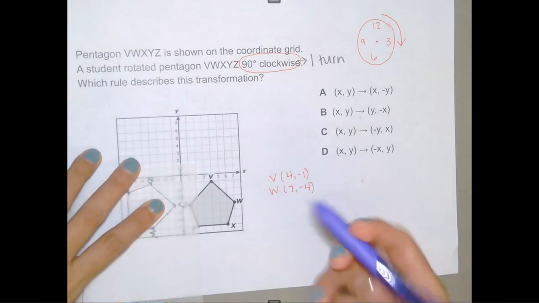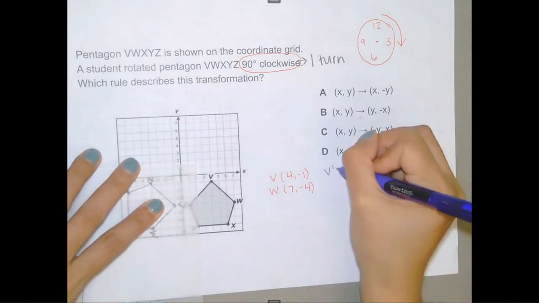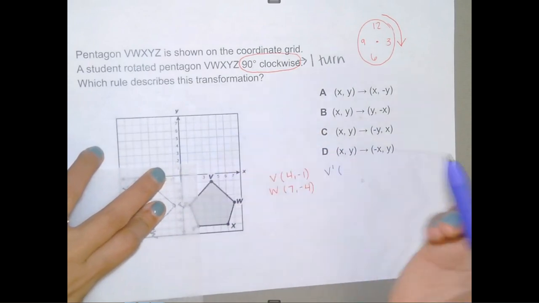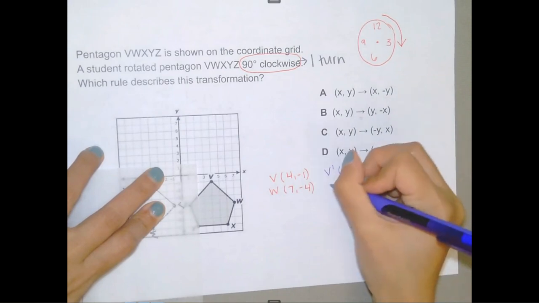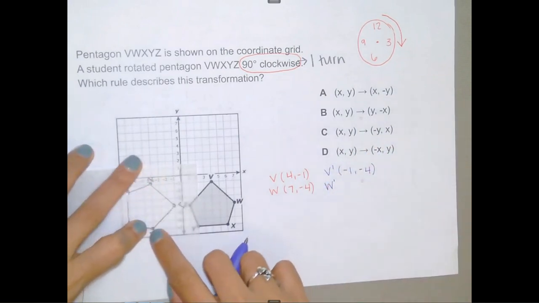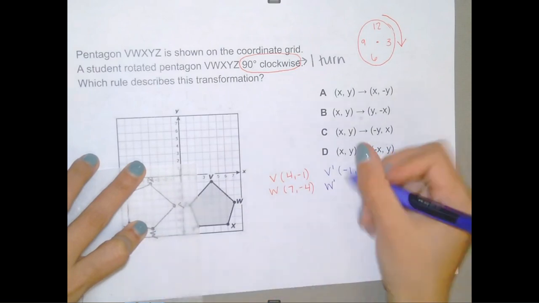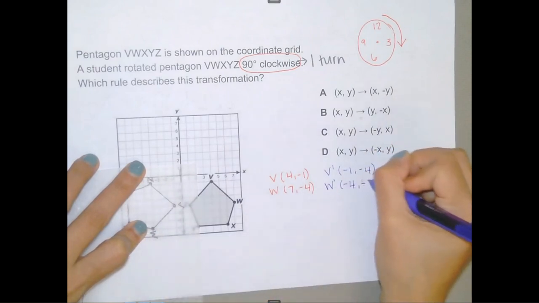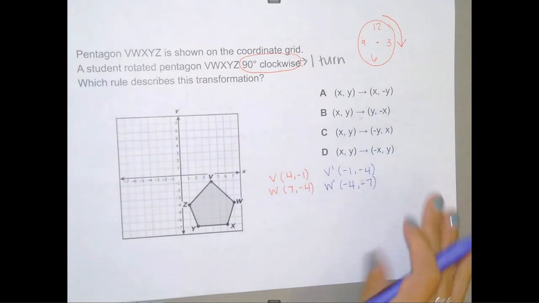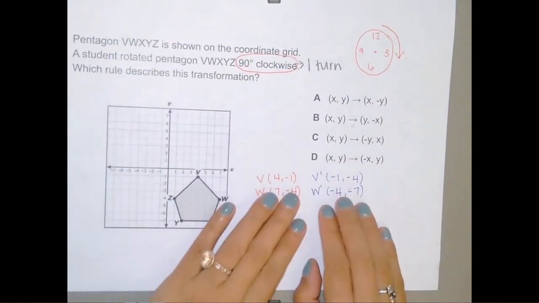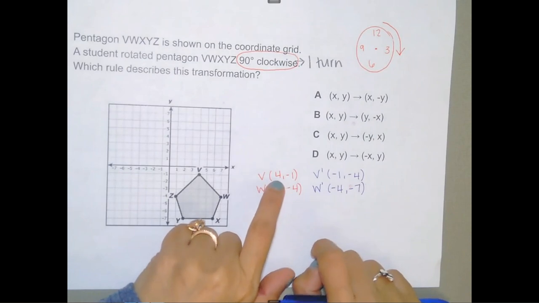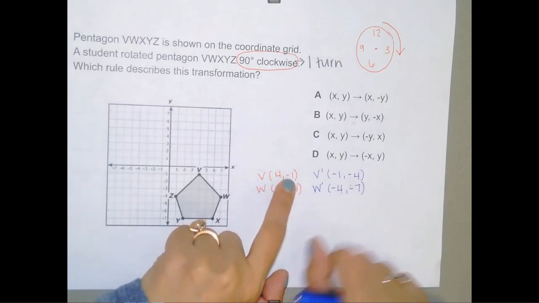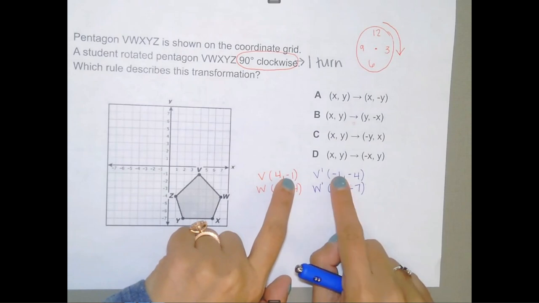So when I do that, V prime turns into -1, -4, and W prime turns into -4, -7. So I need to compare my coordinates. So what do we notice happened to our coordinates here? Well, when I look, 4 came first, now it comes second. -1 came second, now it comes first.